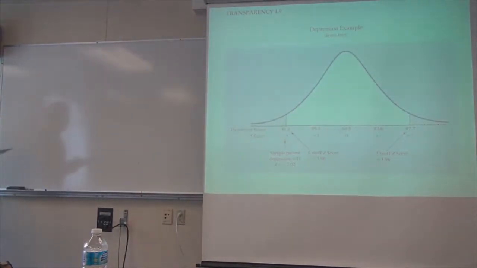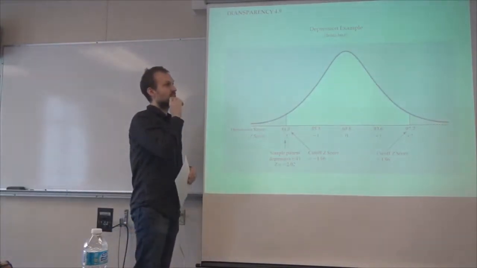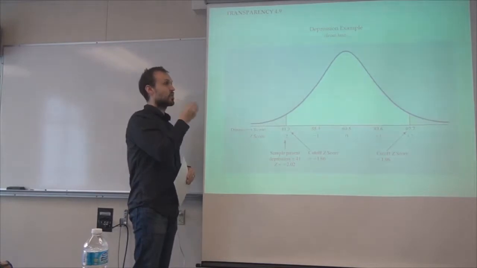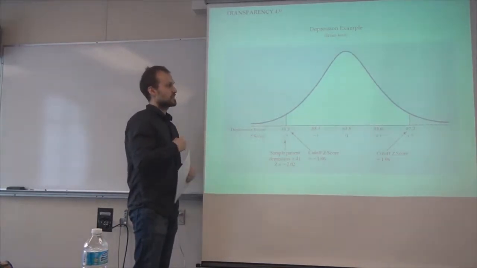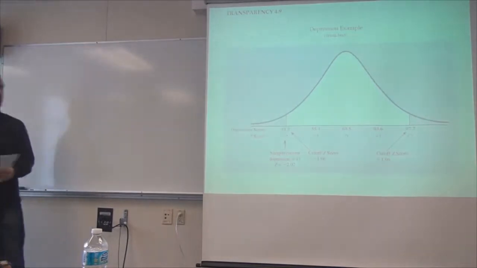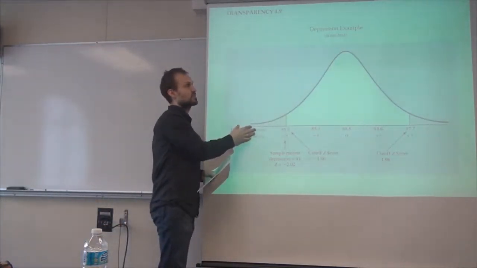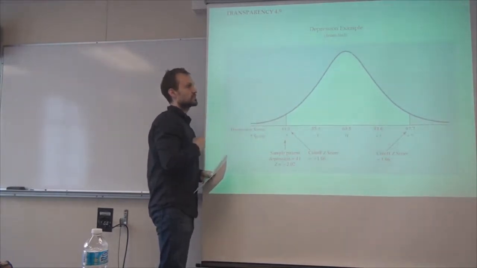So instead of selecting an individual sample value and hoping that I get something extreme, well, the chances of that might not be so great. But if I have a sample of, let's say, 2 individuals, what are the chances of getting 2 of them that extreme? If I do get that, then that's much stronger evidence.